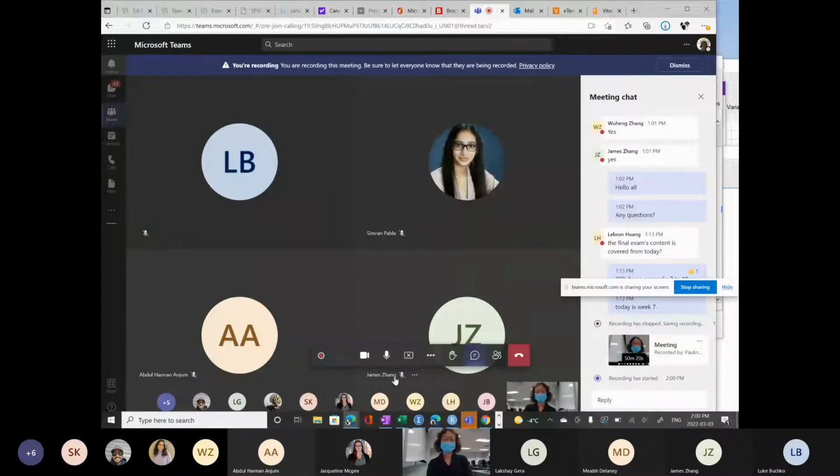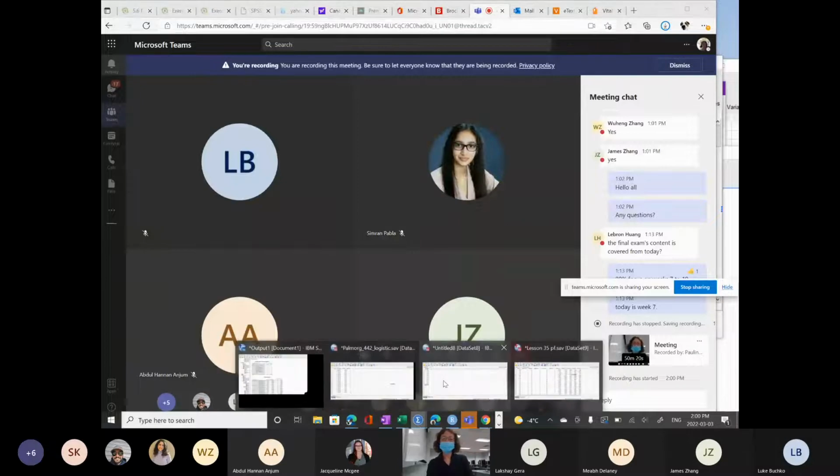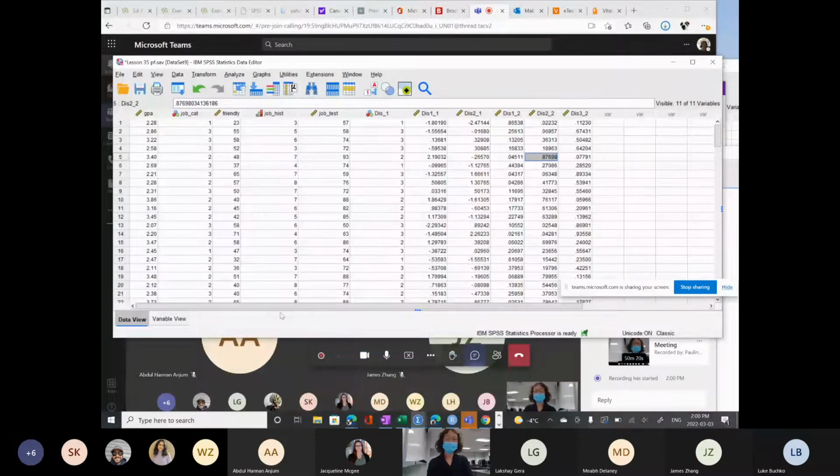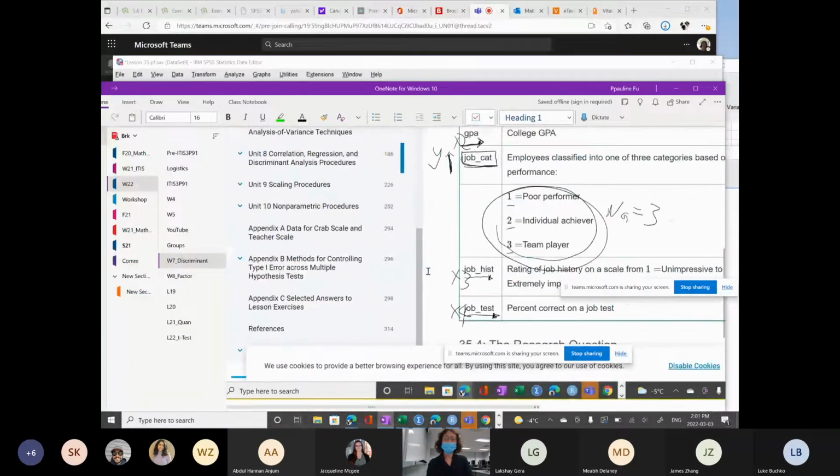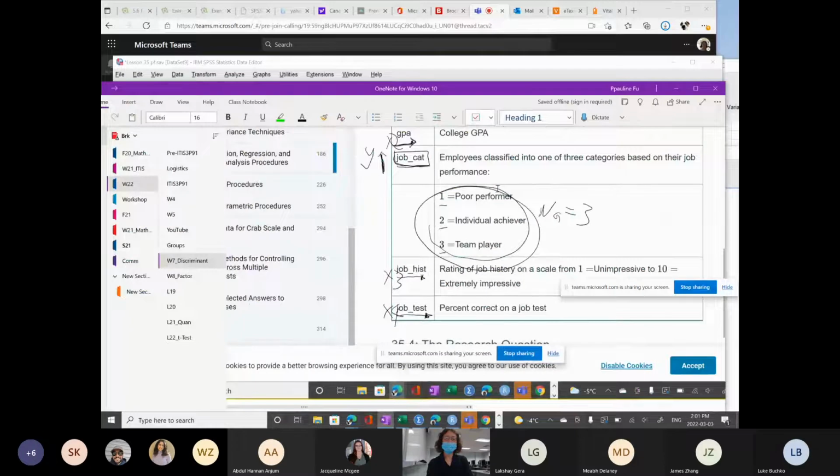Okay, before the break, we did discriminant analysis for a data file about job classification, and we want to predict job membership. We want to put people in one of the three groups.